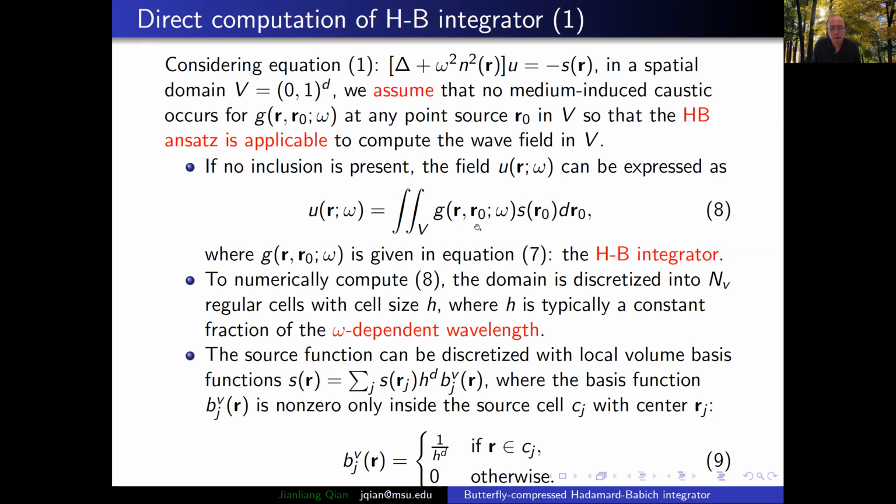When we use the ansatz, at each point we integrate over the source location. Each source location r0 corresponds to a single point source, and for this point source we vary over the domain V as well.